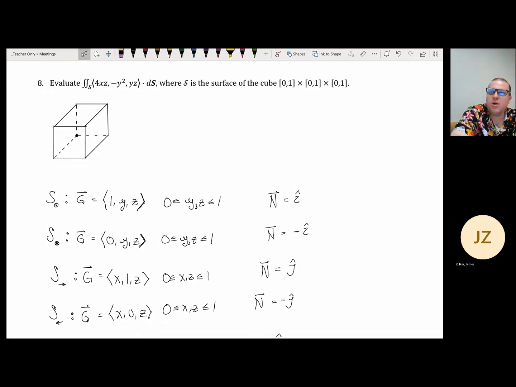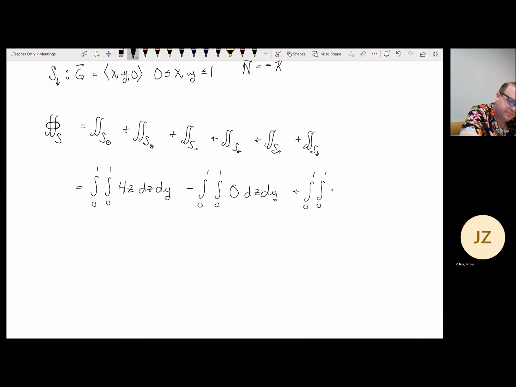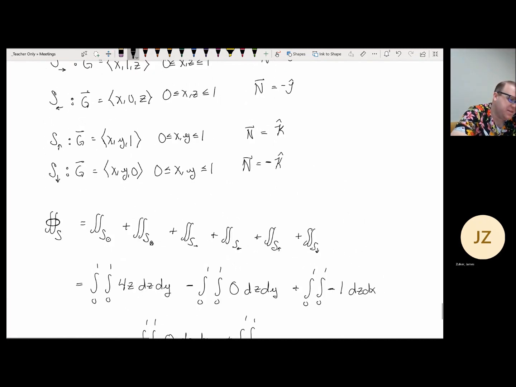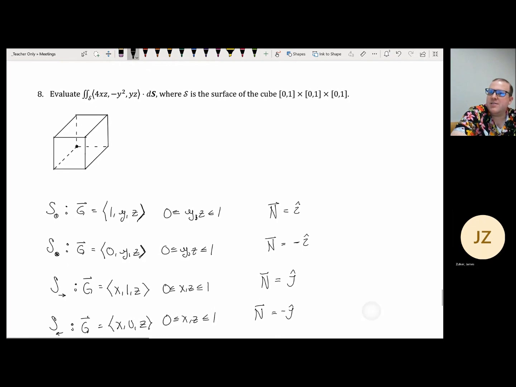Oh, well, the second component's negative y squared. And then the k components, we just want the third component, right? Z is 1 and 0 respectively, and it's yz.